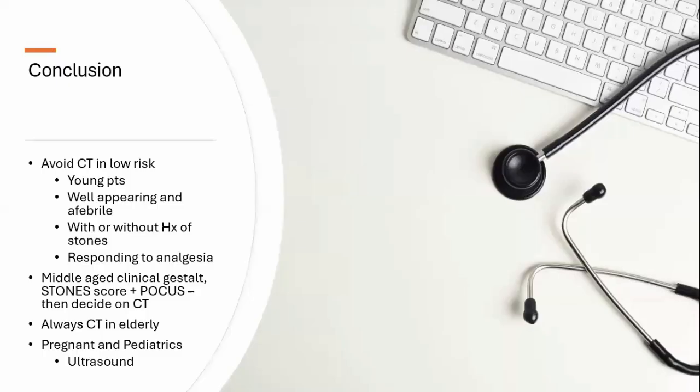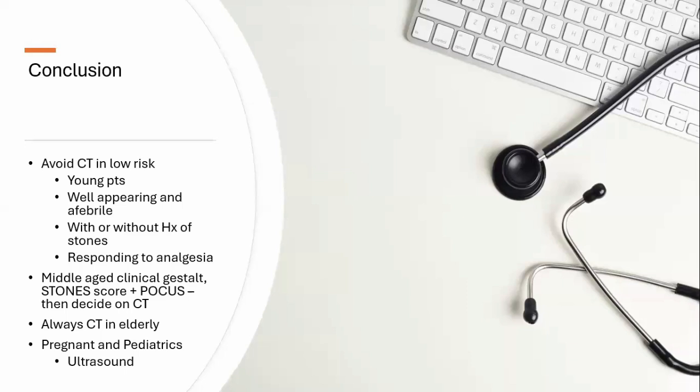In summary, we want to avoid CT in low-risk patients, obviously in young patients because of radiation exposure, if they're well-appearing, afebrile, and respond to analgesia. You don't really need to scan them. In the middle-aged, use clinical gestalt, the STONE score and POCUS, and then you can decide if you want to do a CT.